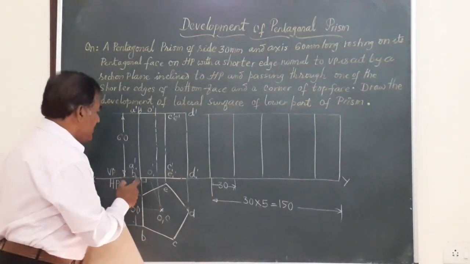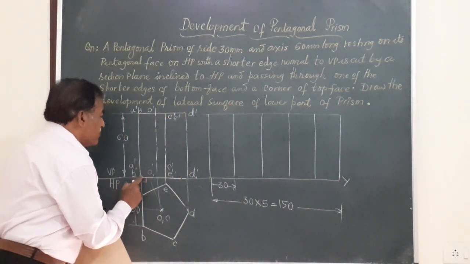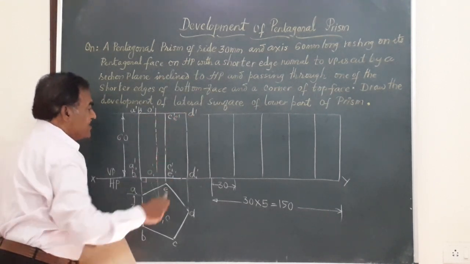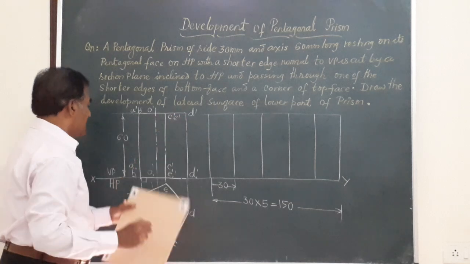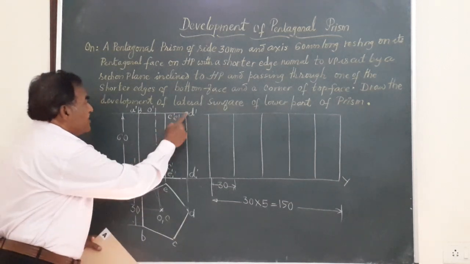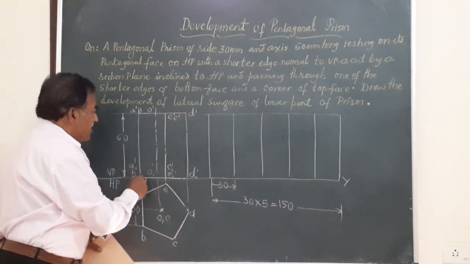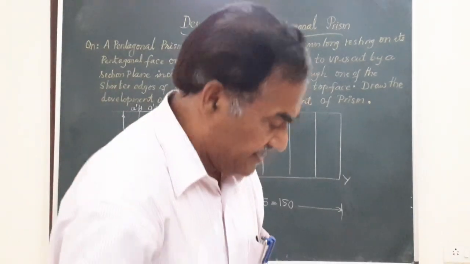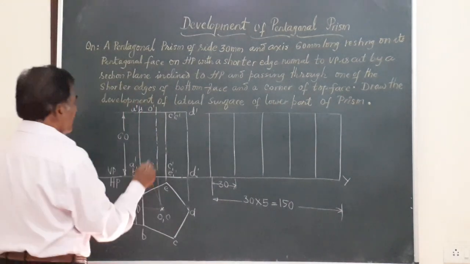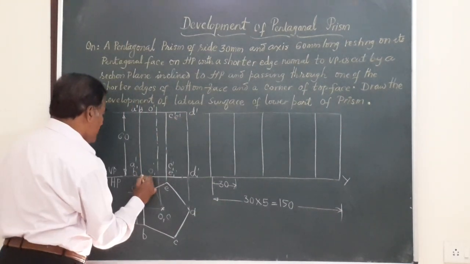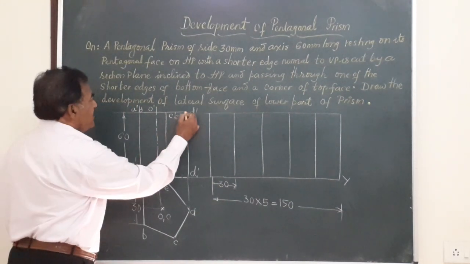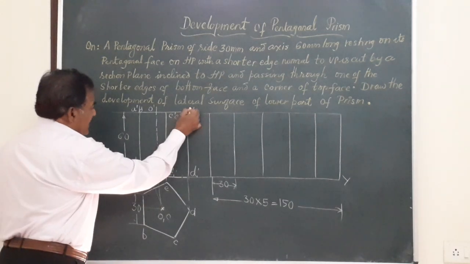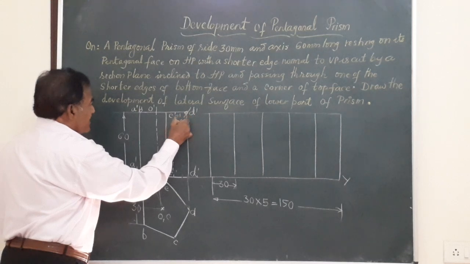Friends, you can see very well, this point represents one of the base edges and this is the corner of the top face. So I should draw a line connecting this A1 dash, B1 dash to D dash, so that it divides the solid into two equal parts. So let me mark the section plane like this. It is going to pass through the bottom edge here and the top corner opposite. So I am going to write the section plane here.